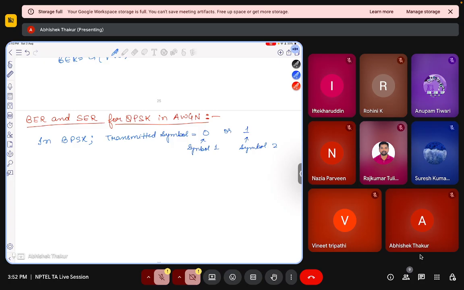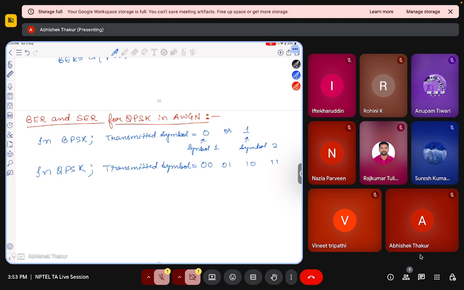Now we will see in QPSK. So the transmitted symbols are 0 0, 0 1, 1 0 and 1 1. So there are 4 symbols here.